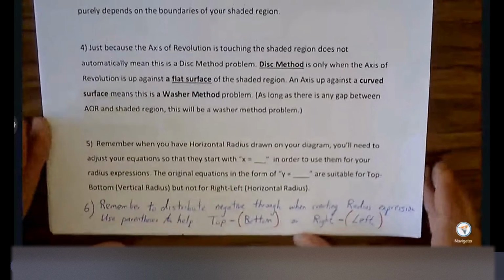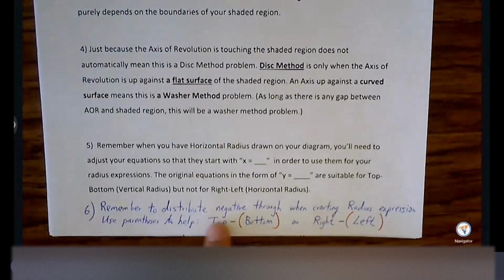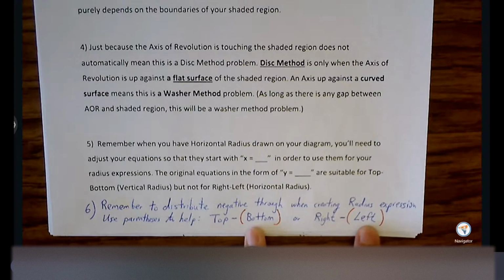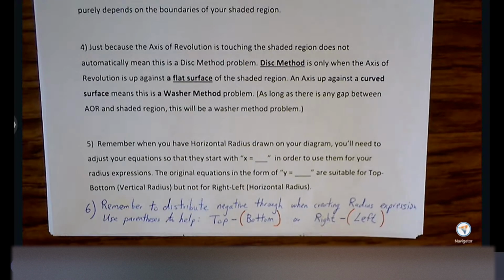And then one more thing that I thought of after I created the document is remember to distribute the negative sign through your radius expression, especially with that bottom and that left portion. So always use parentheses, and we'll do that today. I'm going to keep reminding us, put parentheses around your bottom or your left expression, even if you're not going to distribute, even if there's only one term.